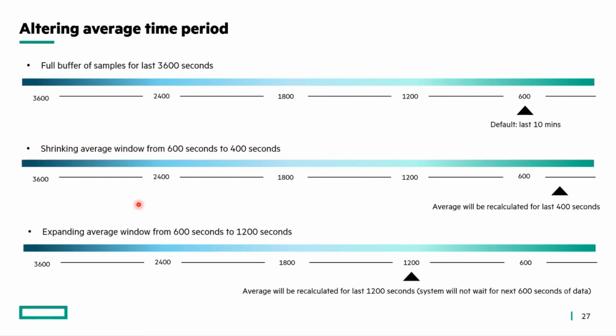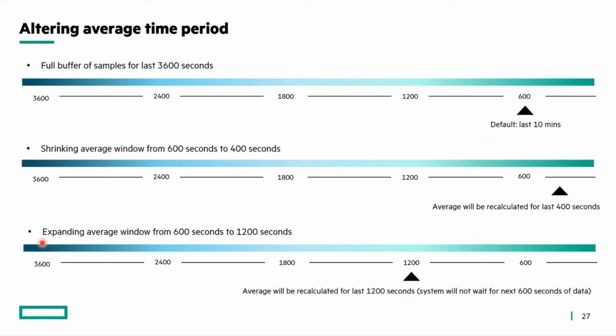Now think of a scenario where you shrink the average window from 600 seconds to a lower value. Here I've taken an example of 400 seconds. So I reconfigured the average time period as 400 seconds. At that instant, the average window will shrink down to 400 seconds and the average will be recalculated for the last 400 seconds.